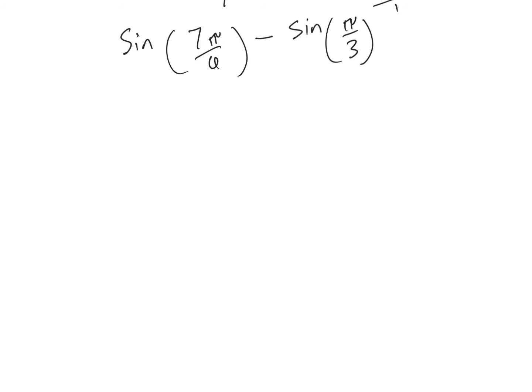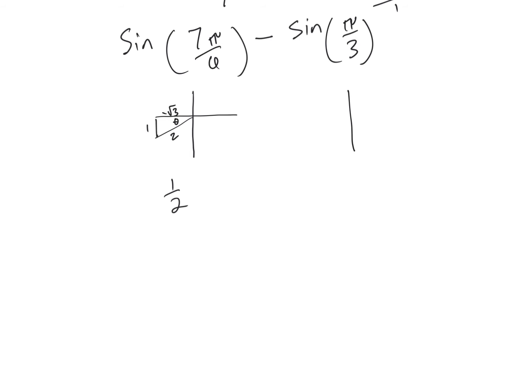My sine of 7 pi over 6 is technically right here, because it's 1 pi over 6 past pi. It's 30 degrees. So this is 1, this is 2, this is negative root 3. So it's 1 over 2. So this is 1/2.